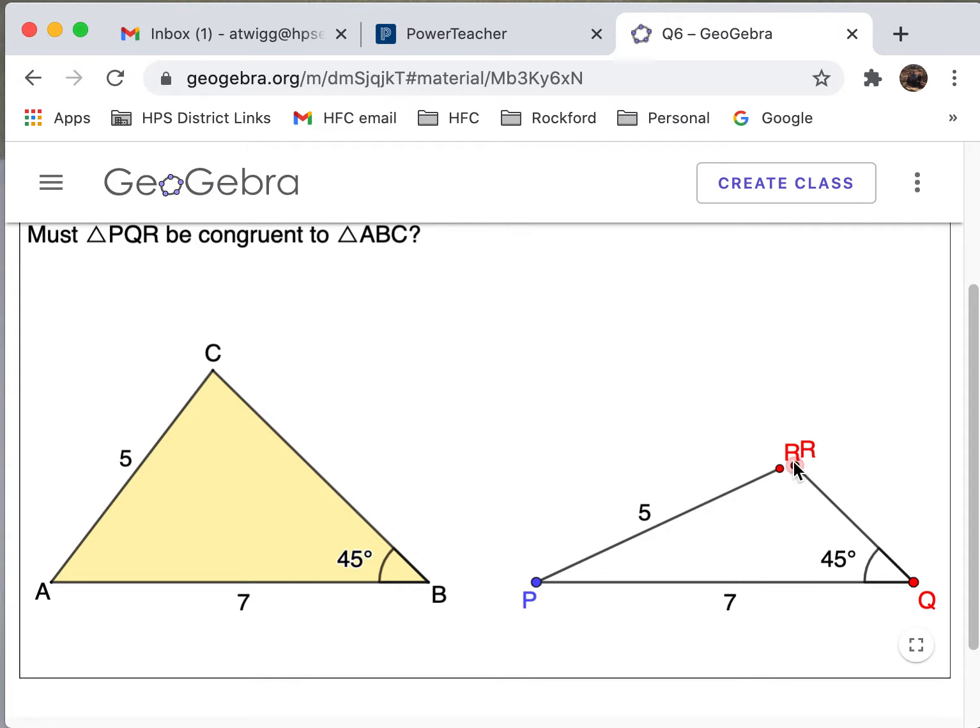Come on, stay at 45. Sometimes it's a little touchy. You've got to get them just right. Come on. Well, let me grab that one. I was trying to grab it.